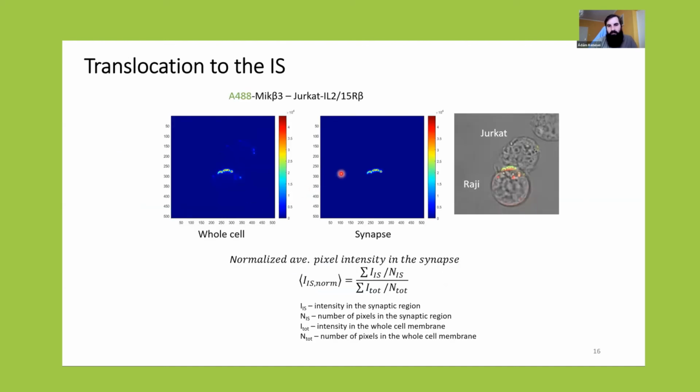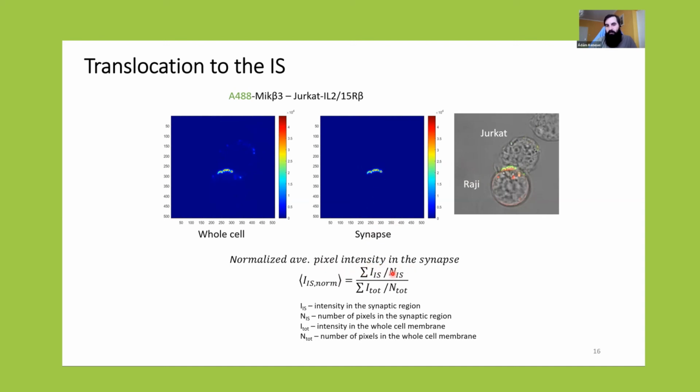We also noticed that during the IL-15 transpresentation and the antigen presentation, there is receptor and receptor subunit translocation to the immunological synaptic site, which we calculated by this formula, where we measured the intensity values of the given subunit in the immunological synapse.